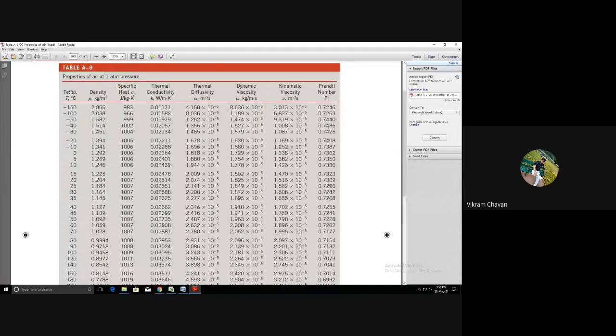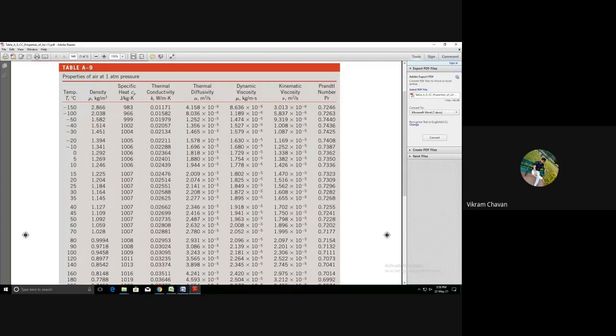So here on one side, there is a temperature, and at that particular temperature, the properties of air are provided. So first one is density, specific heat, thermal conductivity, thermal diffusivity, dynamic viscosity, kinematic viscosity, and Prandtl number. So these properties you will get directly for the particular temperature.